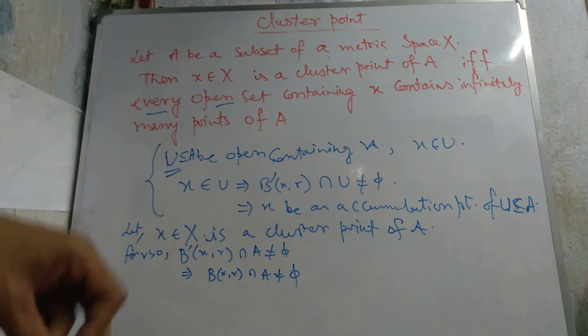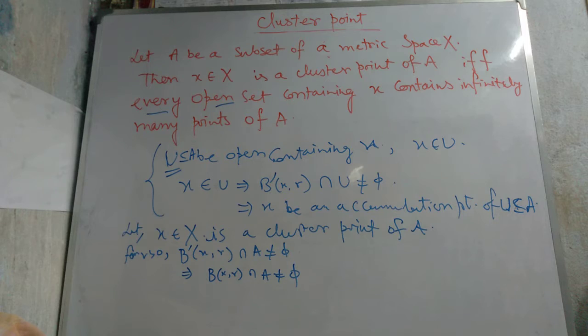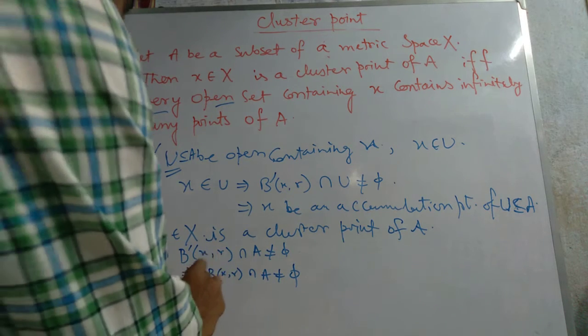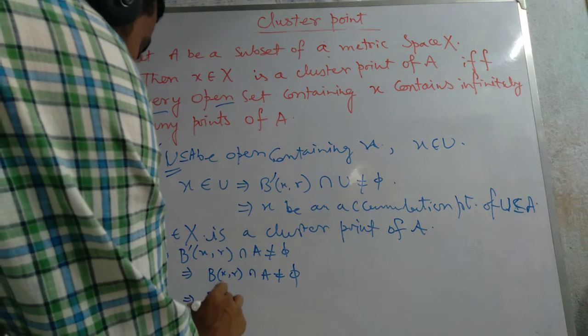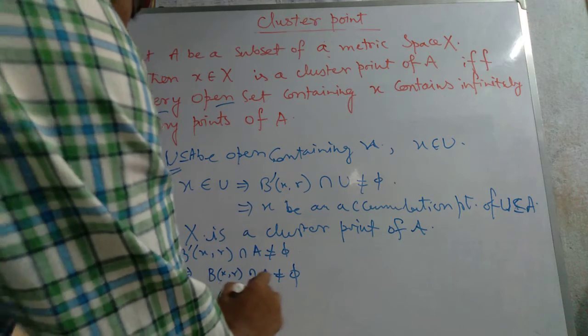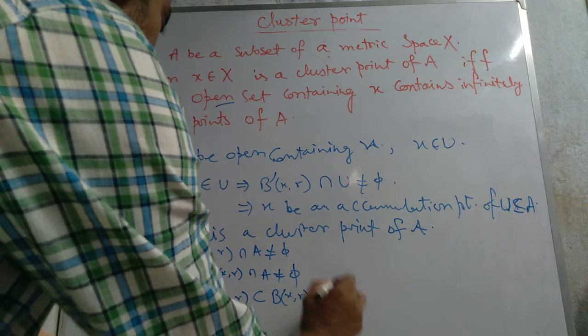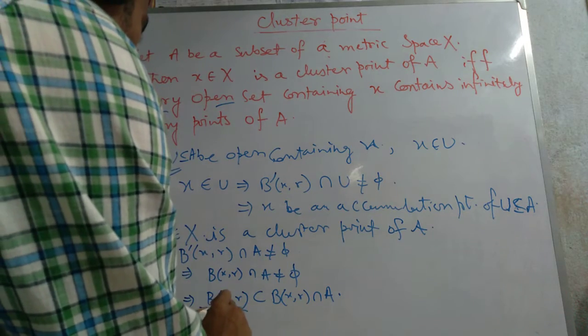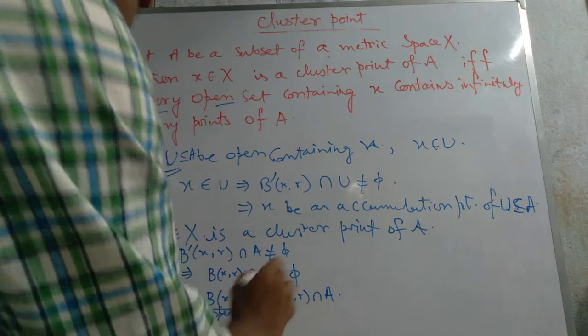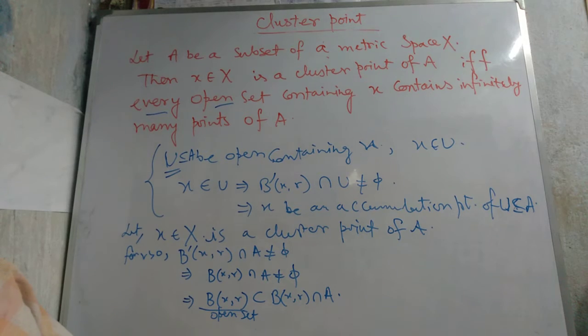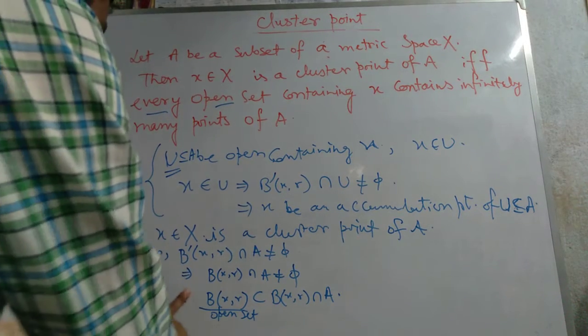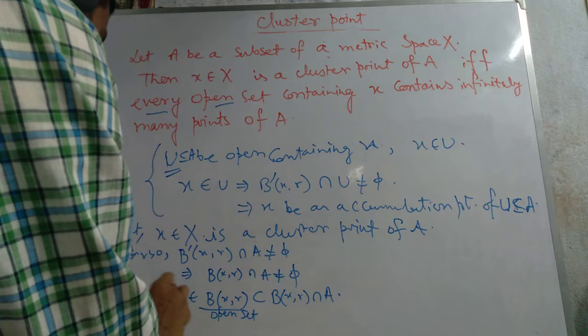Then what we do? B(x,r) is an open set and also contained in this. This one is an open set and also contains x.